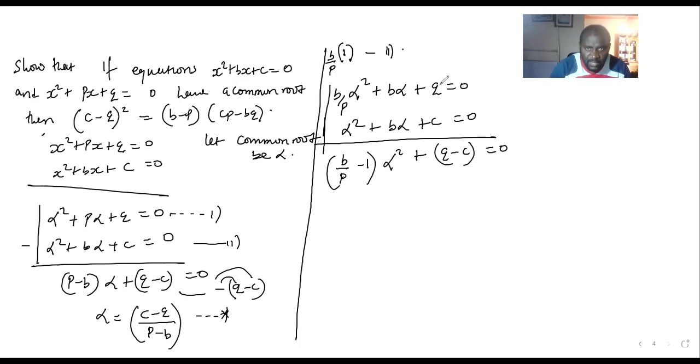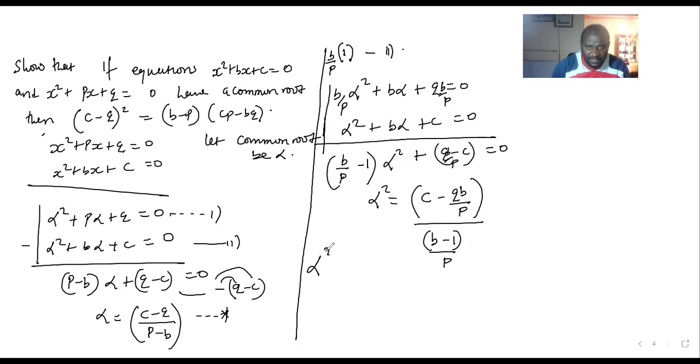This one has a b out of p. Therefore, alpha squared is going to be equal to c minus q times b out of p, all divided by b minus 1 over p.